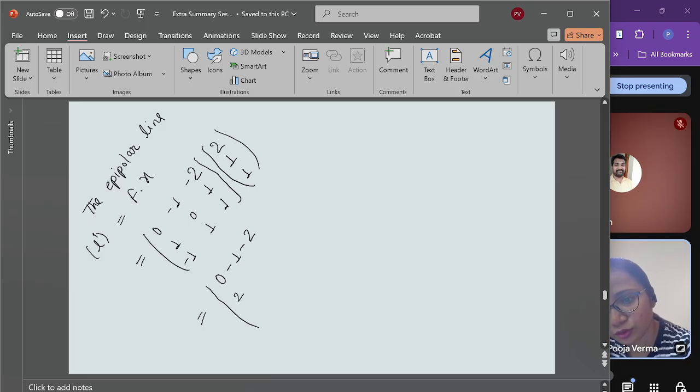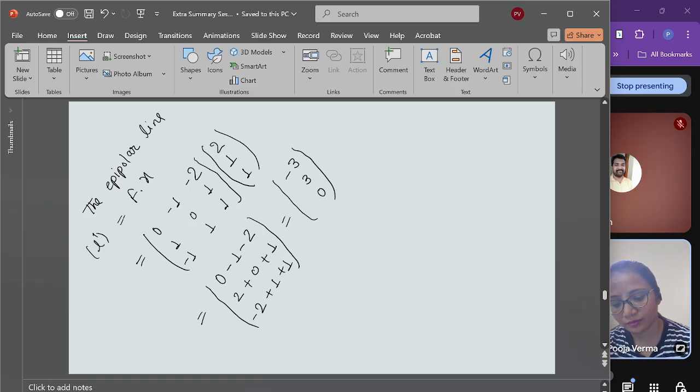Next one is 2 plus 0 plus 1. Next one is minus 2 plus 1 plus 1. If you add, here you will get minus 3, 3, and all other values will be 0, all cancelled out. So this value we have got for the epipolar line L dash.